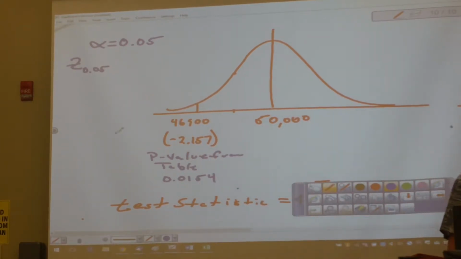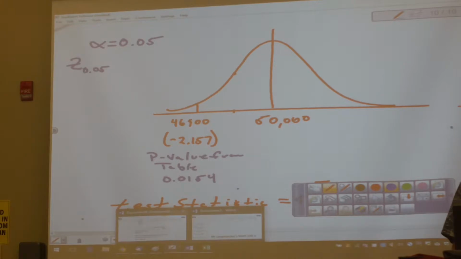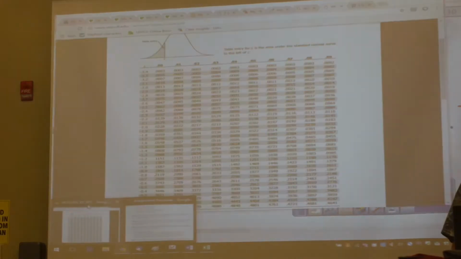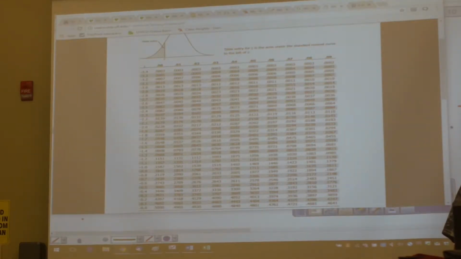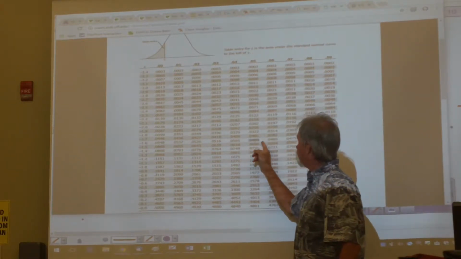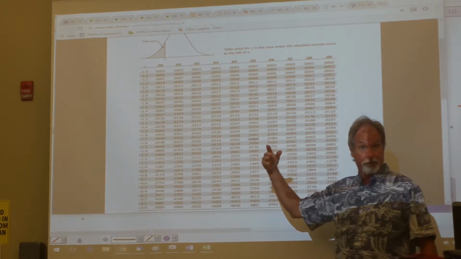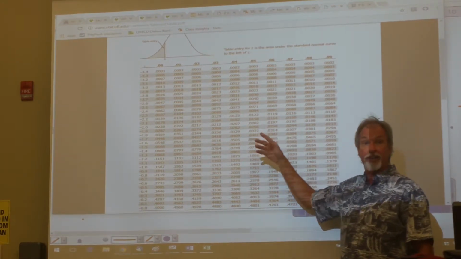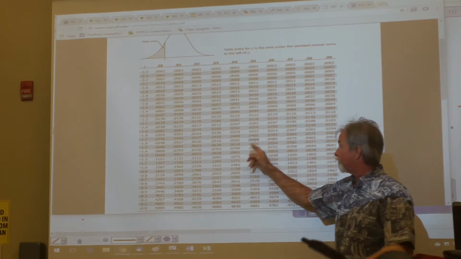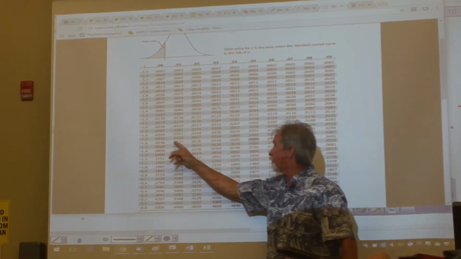If I go back to my z table and look up 0.05, we get 1.645. Remember we were doing this when we were making confidence intervals, right? So I'm still going to go back and look at that. I want an alpha of 0.05, so I get 1.645.